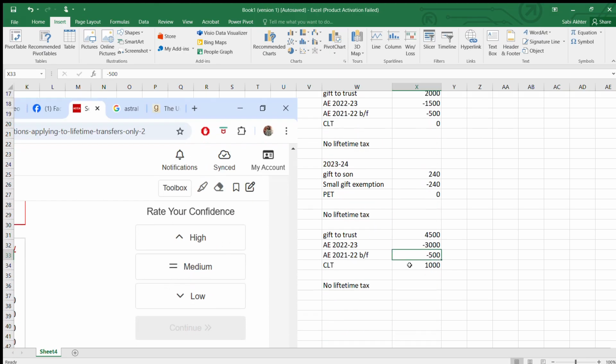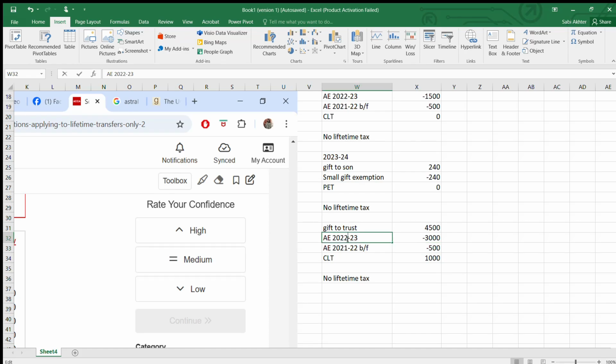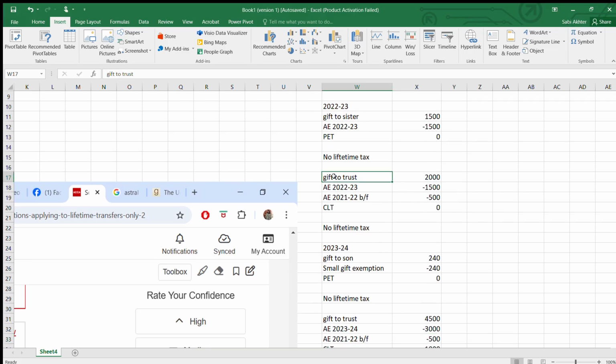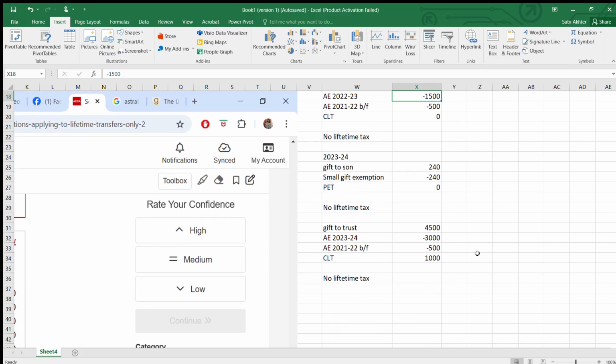This is the current tax year 2023-24. Here the brought forward, I cannot bring forward anything, because in the previous year 2022-23 I have utilized 1,500 here and 1,500 here. So I cannot bring it forward to this year. I've utilized it. So no annual exemption remaining.